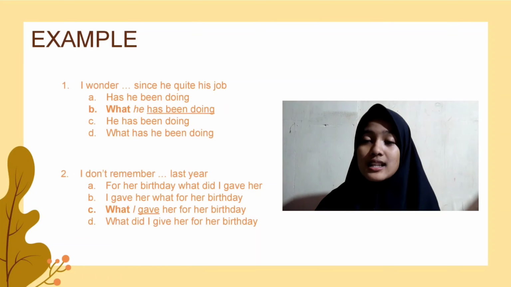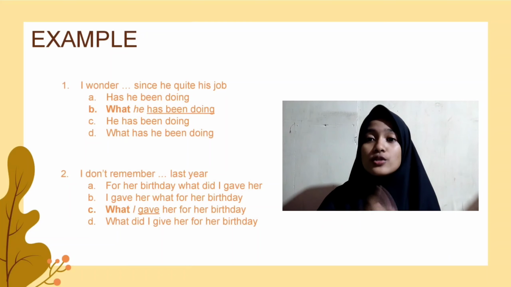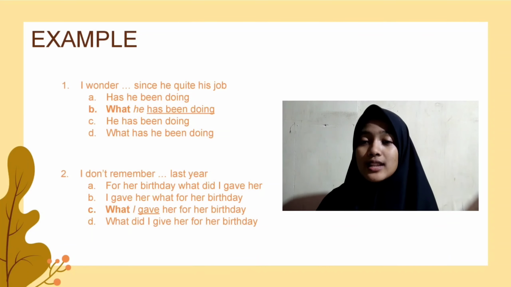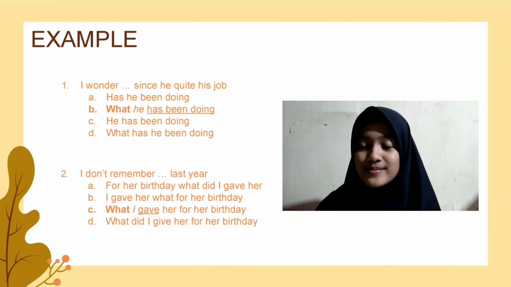Option C is incorrect because there is no question word or clause marker to connect this clause. And option D is wrong too because "has," as the verb of the clause, should be put after "he" as the subject of the clause.